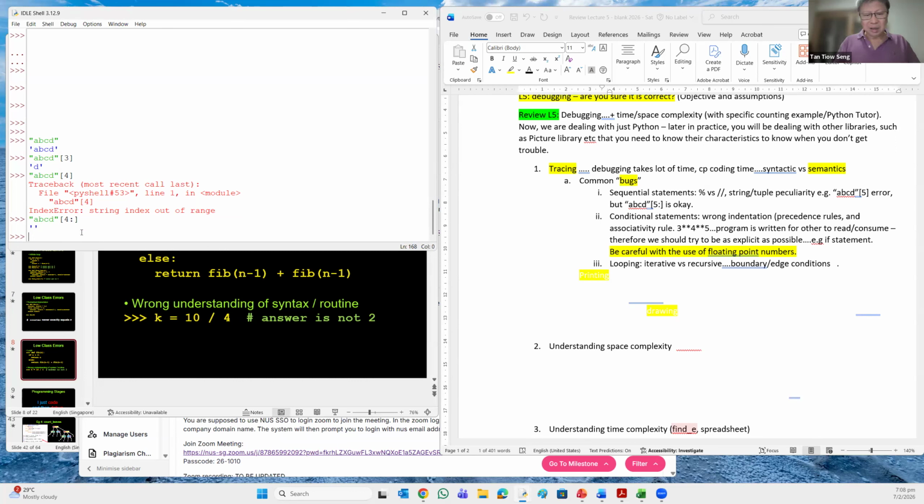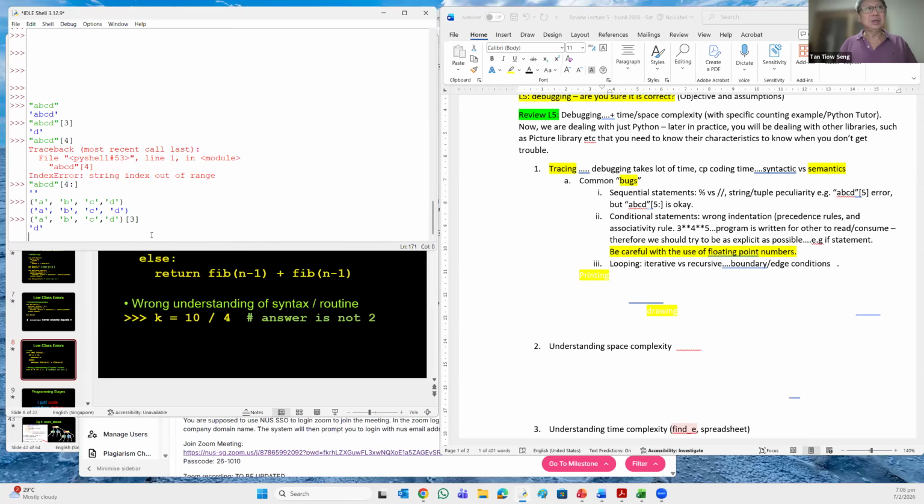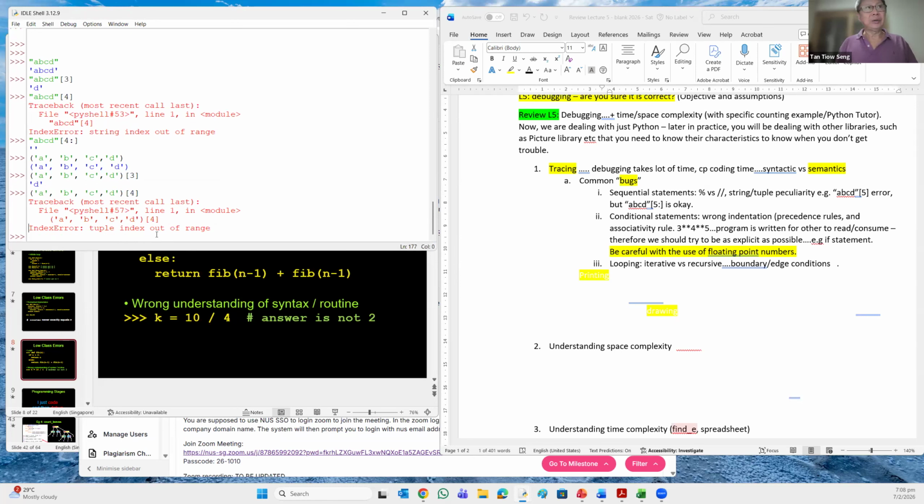It is the same for a tuple: an A, a B, a C, and a D. If you want index 3, counting 0, 1, 2, 3, you get the D. If you want the fourth one, there's no such thing because it's only 0, 1, 2, 3, so you will get an error.